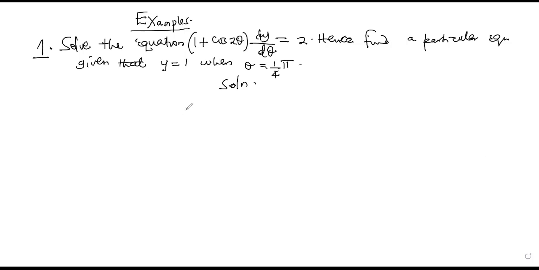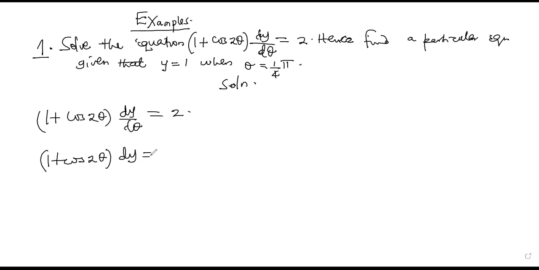For this case, what we need to do is rewrite this expression. We are having 1 plus cos 2 theta, then dy/d theta is equal to 2. So we multiply by d theta: 1 plus cos 2 theta, then dy is equal to 2 d theta.